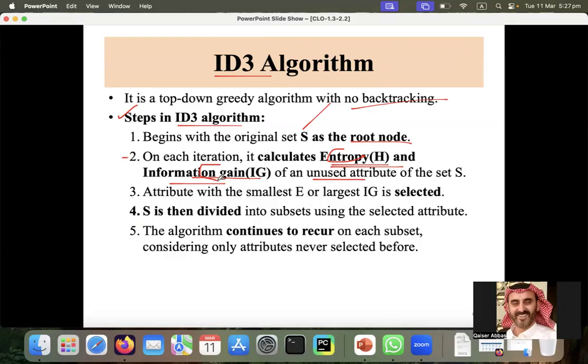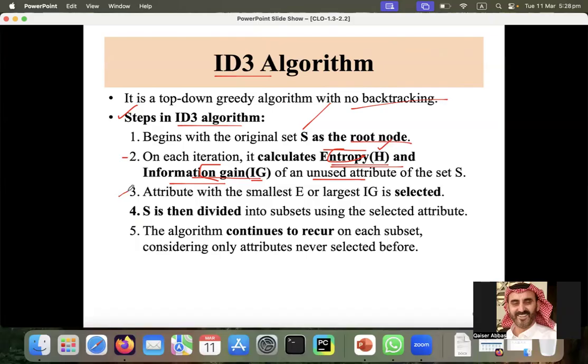Some people express entropy with H, some with E. So you can calculate H and IG for each unused feature of the data set. Then you will have these values, and by comparing them, you can understand which is best and which is not.